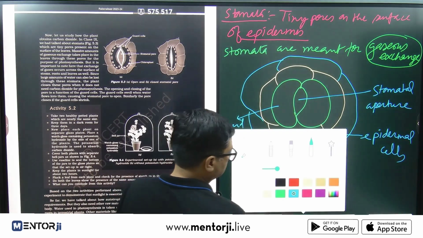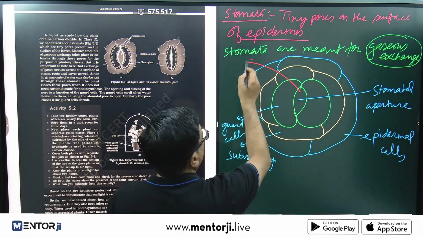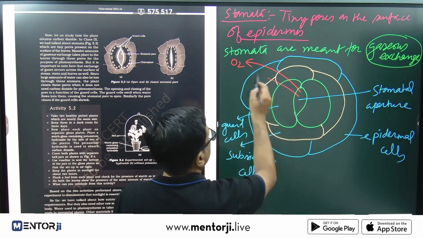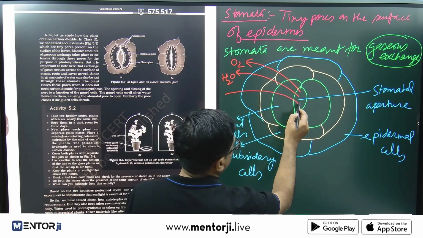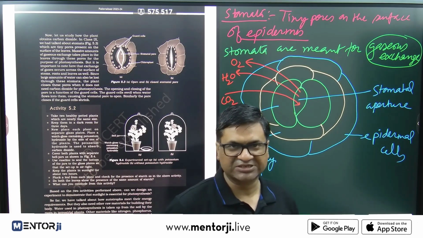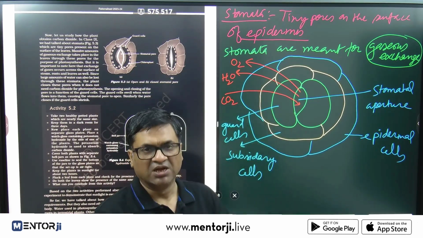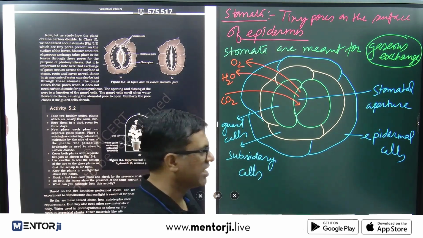So through this stomatal aperture, oxygen and water molecules come out and CO2 gets in. So this is gaseous exchange, how plants take up CO2 and release O2 and H2O.